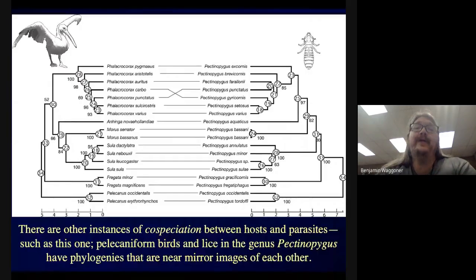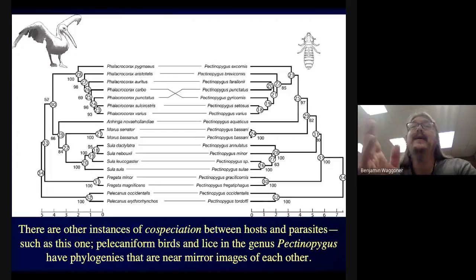And there's lots of other instances of co-speciation. I can't remember where I got this, but this is a fairly recent study looking at the evolution of pelecaniform birds. That's pelicans. It's also boobies and frigate birds. These birds may cruise over the ocean for extended periods of time. That phylogeny is over there on the left, estimated by looking at molecules.